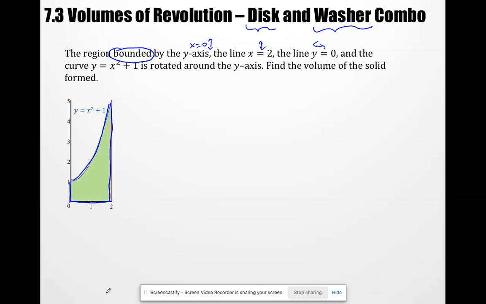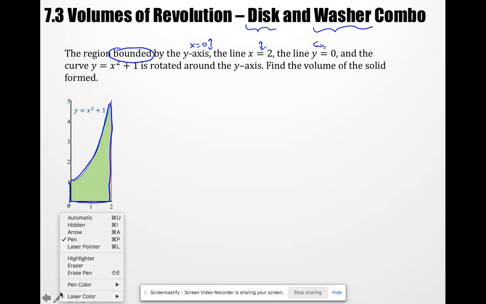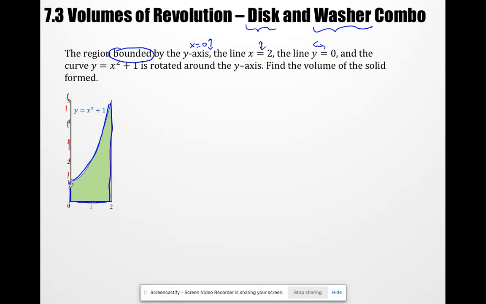So there's my area. Notice that for a little bit, from 0 to 1 here, my shape is right up against my axis of rotation, because they asked me to spin this across the y-axis. And they want me to find the volume. So I'm going to spin this thing this way.